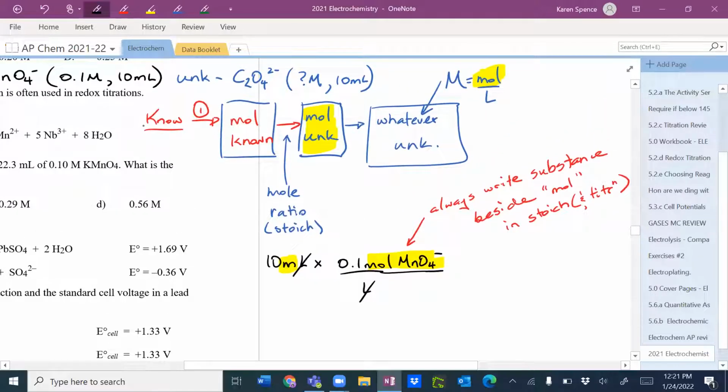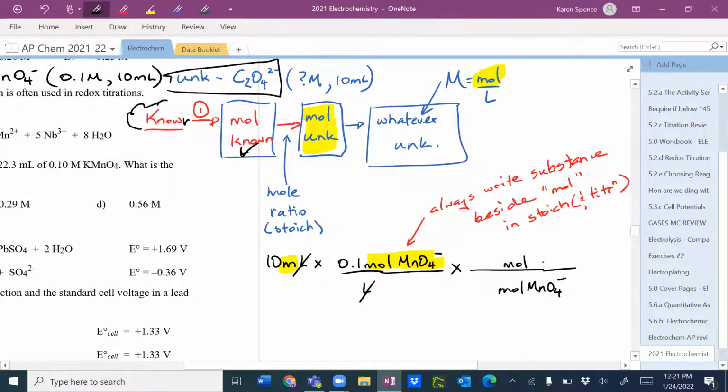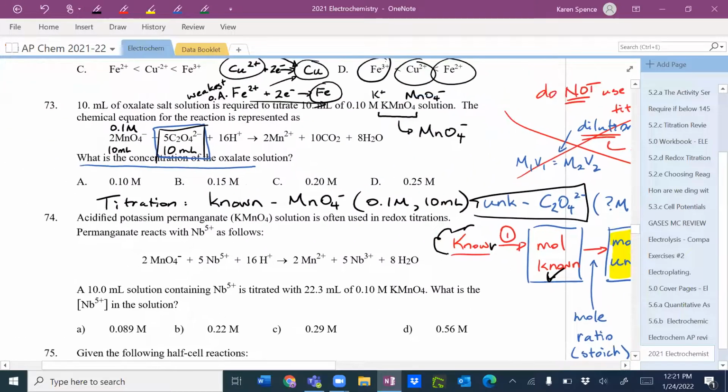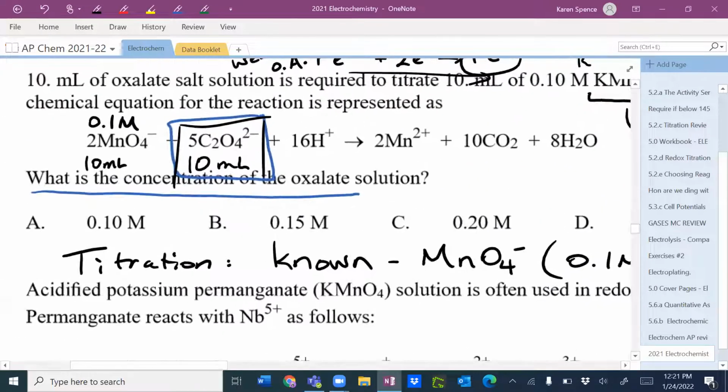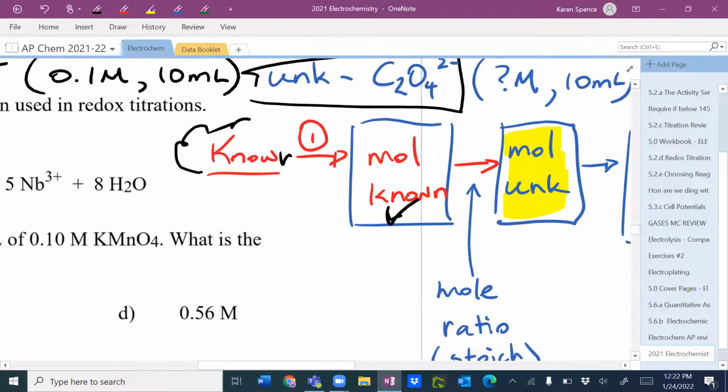So we've gone from our known, and we found moles of our knowns. And now we need to go to moles of our unknowns. So we need to convert from moles of MnO4 minus into moles of our unknown, and our unknown substance is the C2O4 2 minus, and our mole ratio there, back to our question, we have 5 C2O4 for every 2 MnO4.